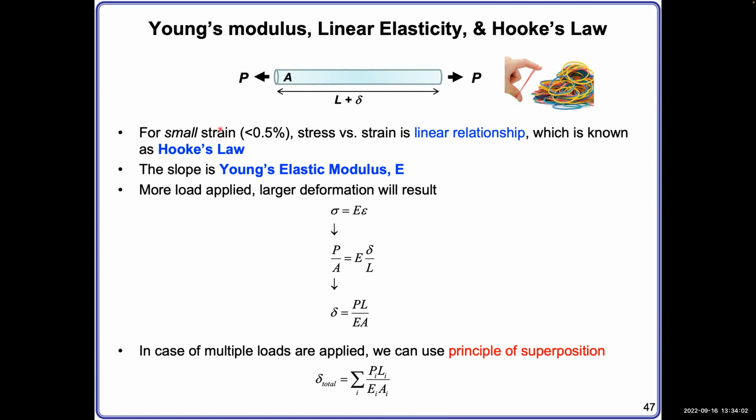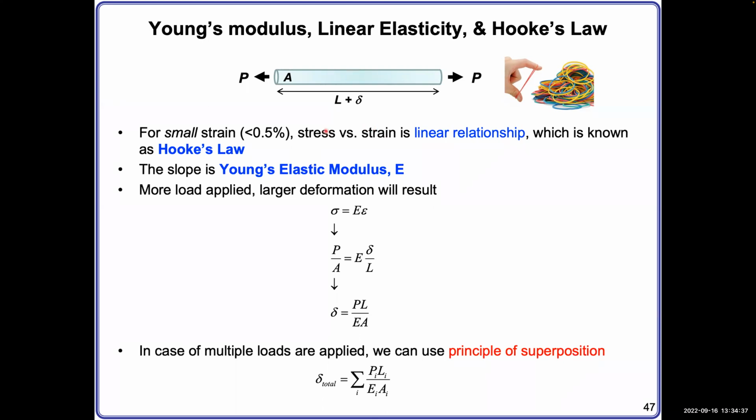Strain is equal to the deformation of the material divided by the original size of the material. For this bar, the strain is defined by delta, which is the change of the length, divided by L, which is the original length. Okay, so for small strain, if this ratio is less than 0.5%, the stress applied versus this strain is in a linear relationship.